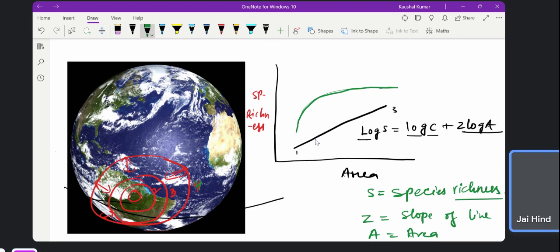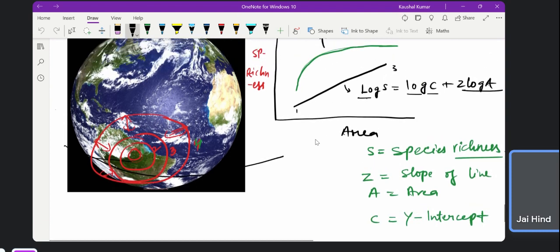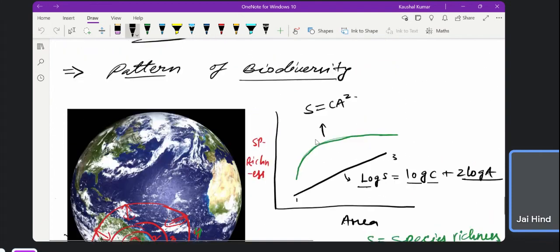For this graph you will write this equation: S equals C A power Z. Here everything is the same: C, Z, A and S are the same.